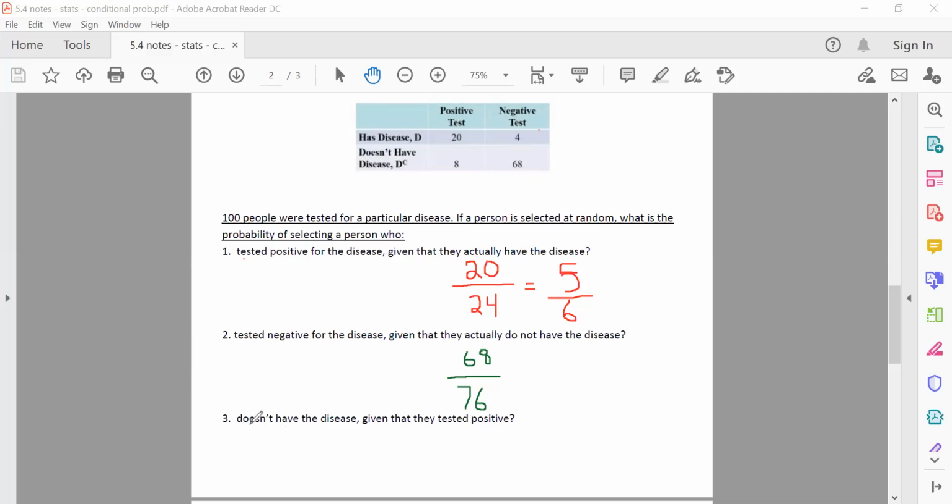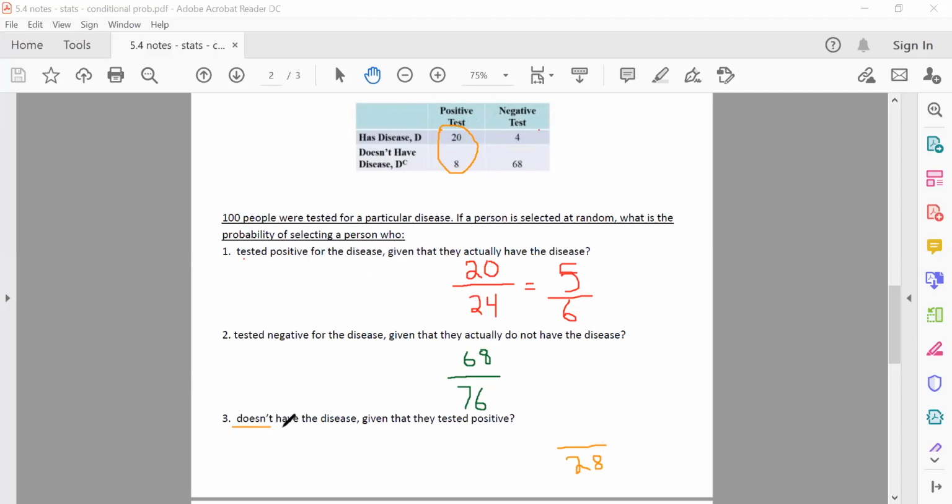Finally, what is the probability that the randomly selected person, so each of these is a new probability problem, you ignore the previous ones, what is the probability they don't have the disease, given that they tested positive? So we're just looking at now this column, the positive tests. That'll be our denominator, the total number of positive tests, which was 28.